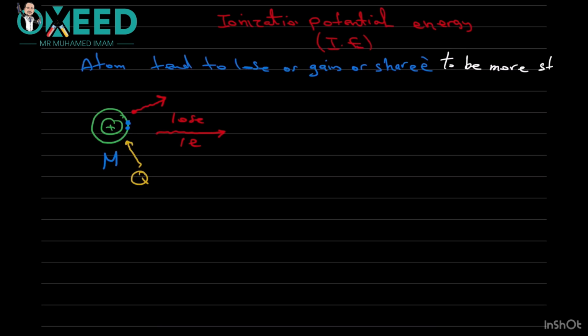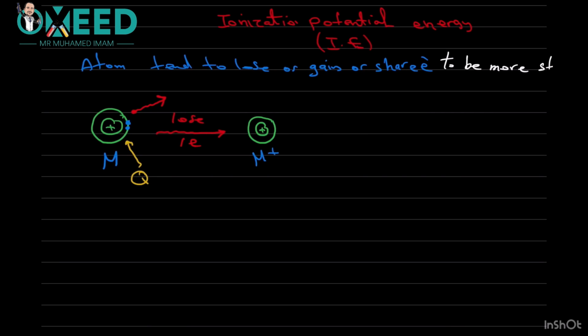This quantity of energy is called ionization energy. So it changes to a smaller particle, an ion, referred by M positive 1.